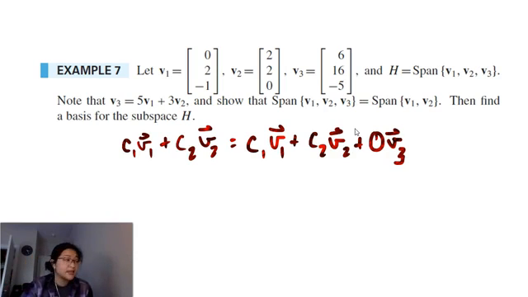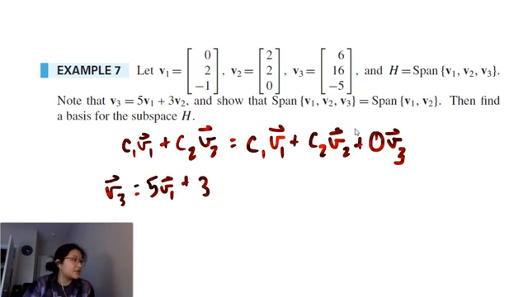So that's nice. And we also know that V3 is 5V1 plus 3V2.